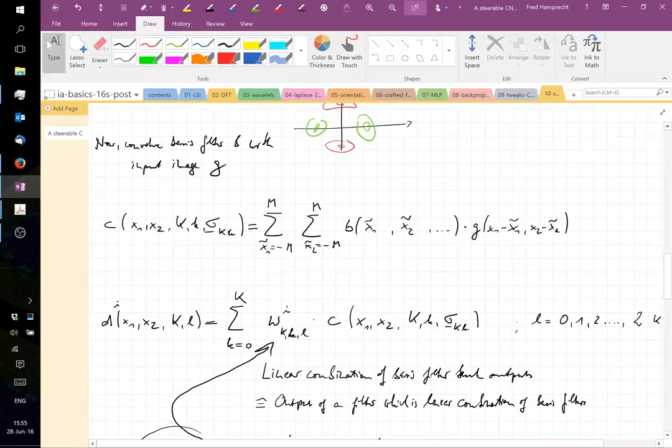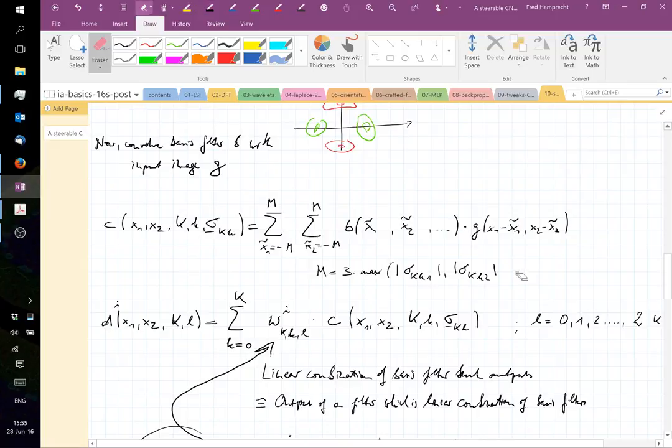Actually, that is a choice that really follows from the choice of sigma. So I could say capital M is, for example, 3 times the maximum of sigma k,k1 and sigma k,k2.